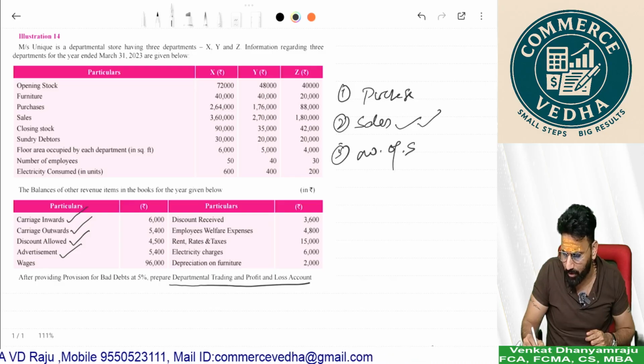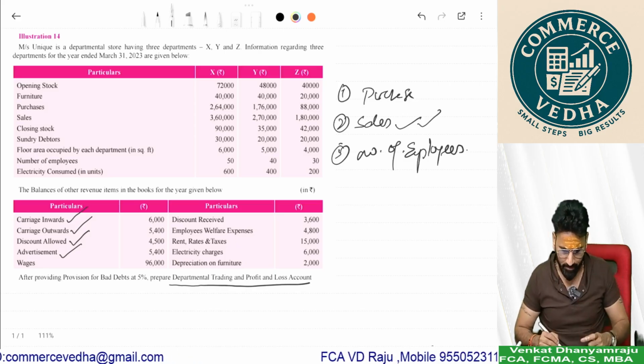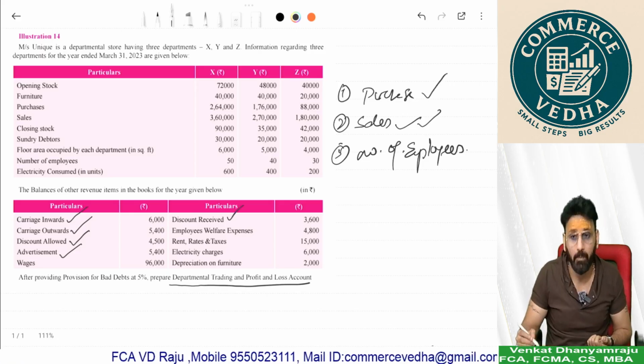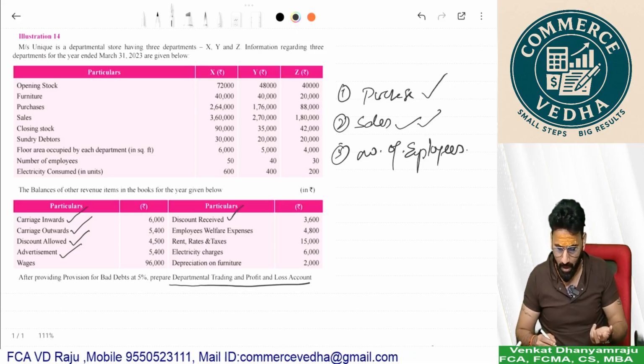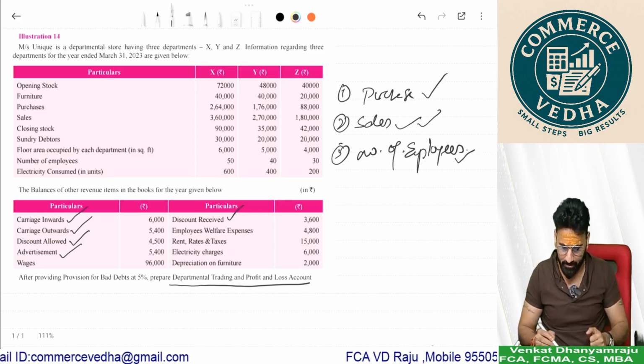Wages are based on the number of employees. Discount received, you receive discount on purchases. Employee welfare expense, again number of employees.